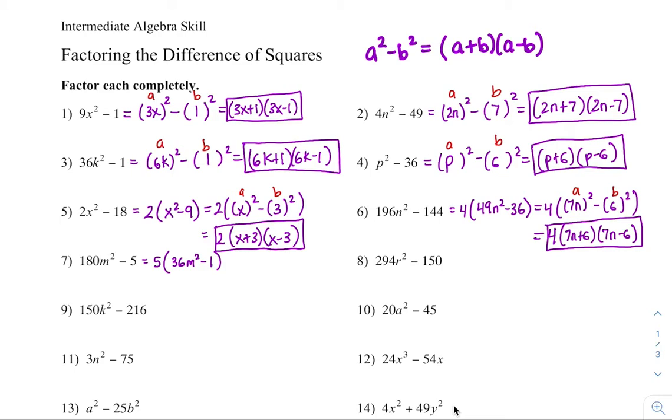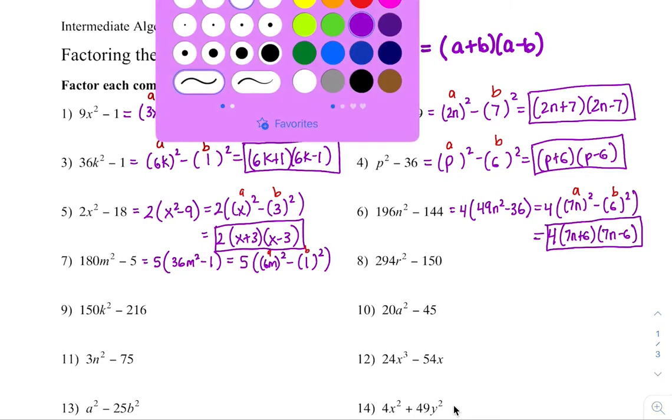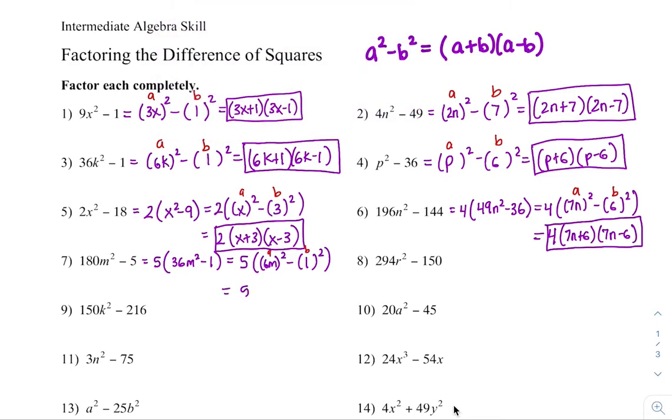Okay, so now we have to think, what times itself would give us 36m squared and what times itself would give us 1? And the answer to that is 6m and 1. So now we know our a and our b. So now it's 5 times our a plus b, which is 6m plus 1, and our a minus b, which is 6m minus 1.